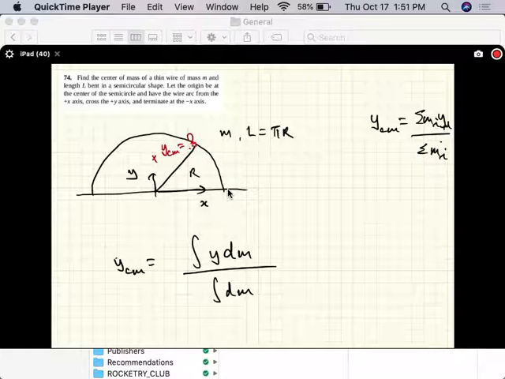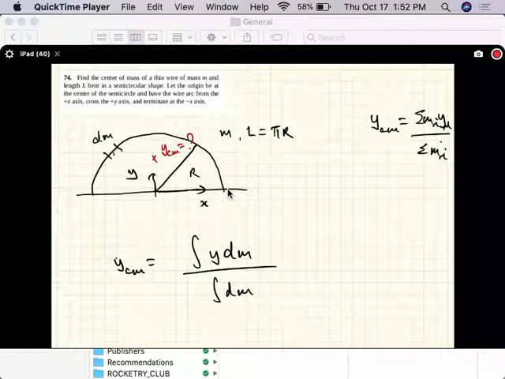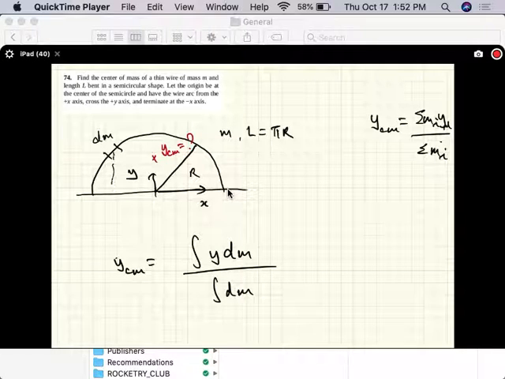So for a continuous mass, we'll divide it into little pieces. This will be dm. There's the y coordinate of that piece, and the y coordinate of that piece is r sine theta.